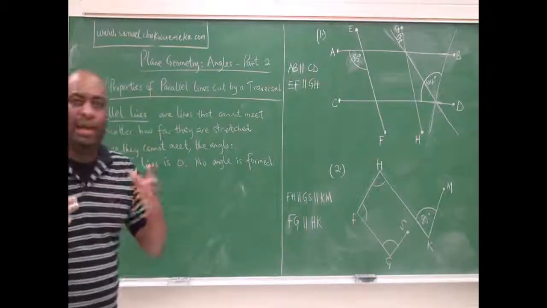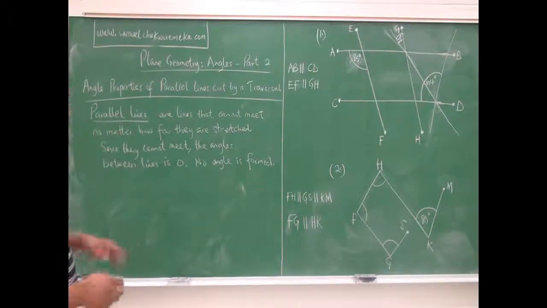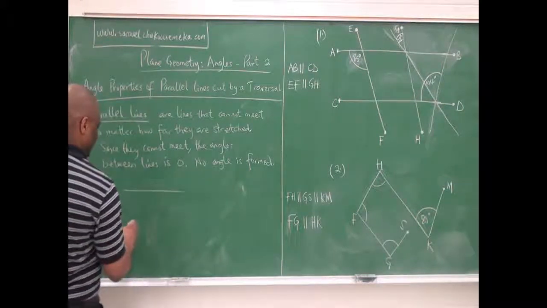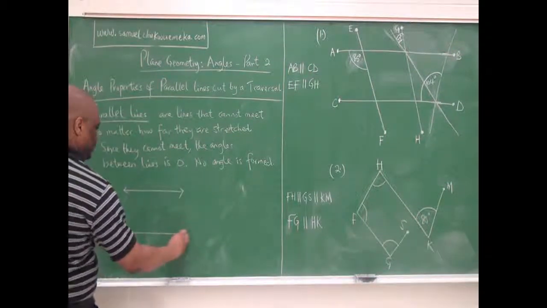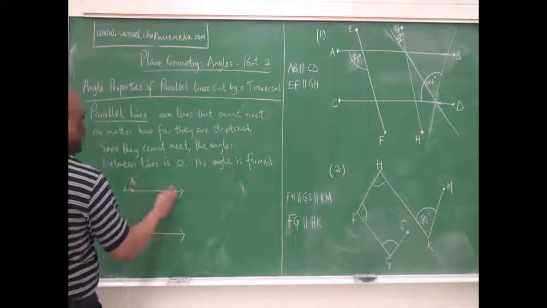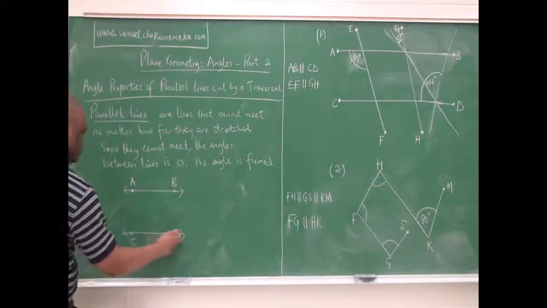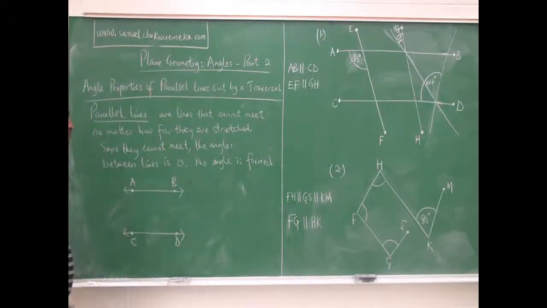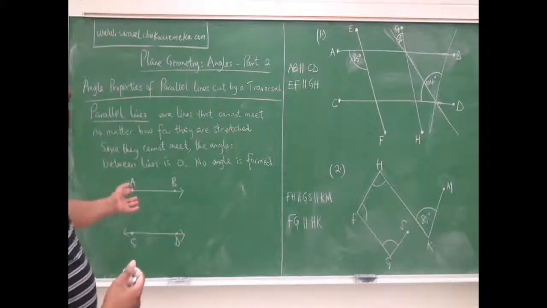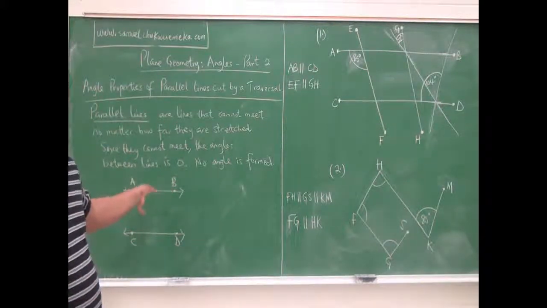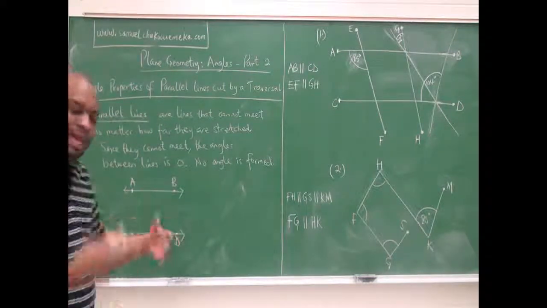And of course, you know how parallel lines are denoted. If I have these two lines, line AB and line CD, and we want to tell people that these two lines are parallel, there are two things we can do.